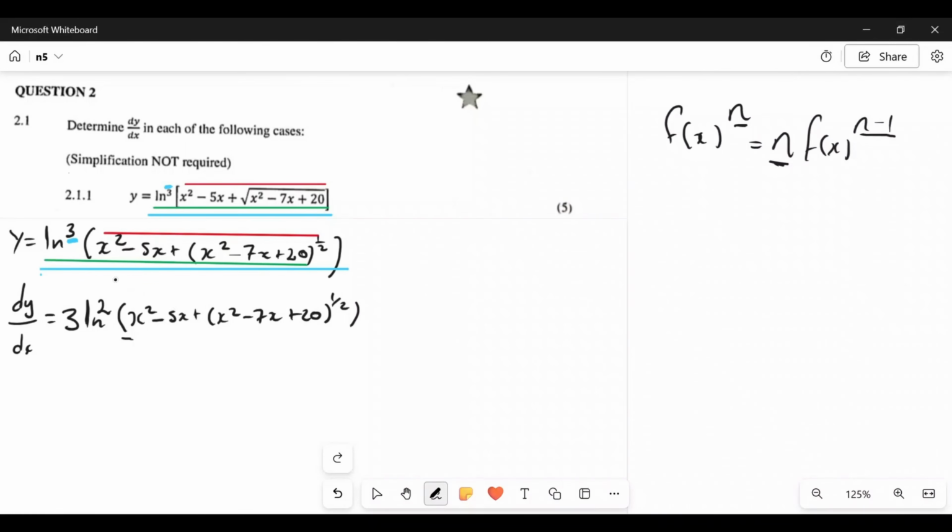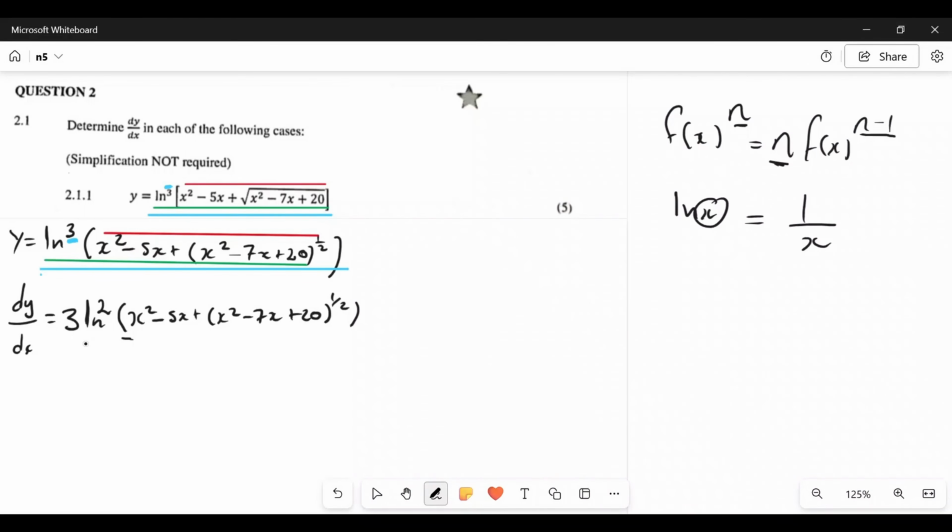Now let's do the one in green. Now the one in green, the one that I highlighted in green, is just a differentiation of ln x, right? Instead of x, in fact, we have everything that is inside there, which is x squared minus 5x plus, open bracket, x squared minus 7x plus 20, close bracket, to the power of half. The derivative of ln x, we know that it's going to be 1 over x.